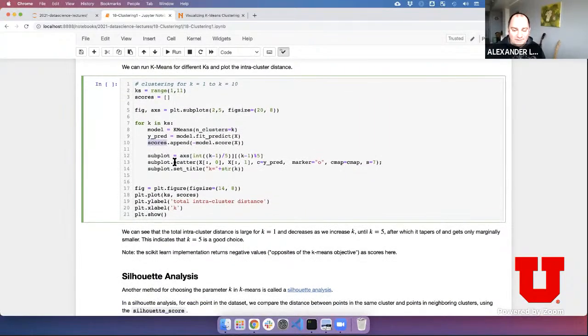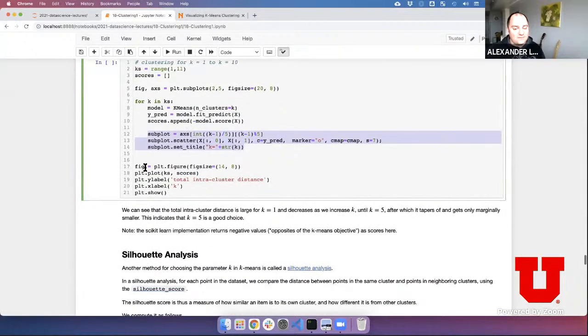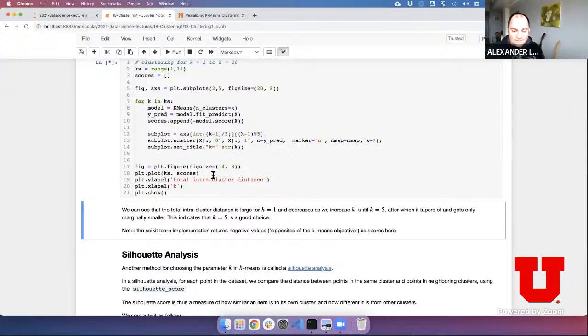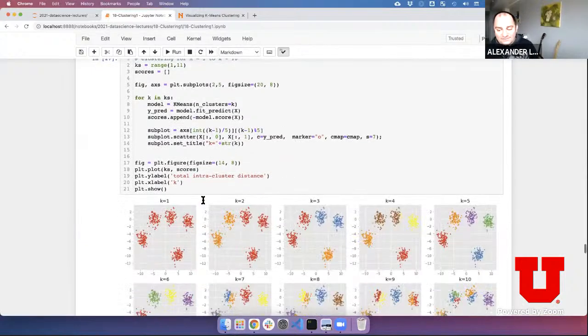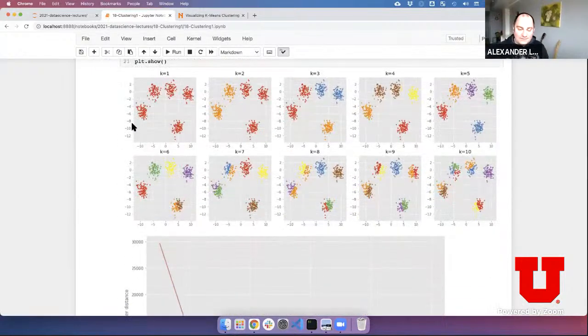I'm plotting the results of each of these iterations with different k's, and then I'm plotting the scores. And so what this results in is this here. So you see the data clustered with 1 to 10 clusters.